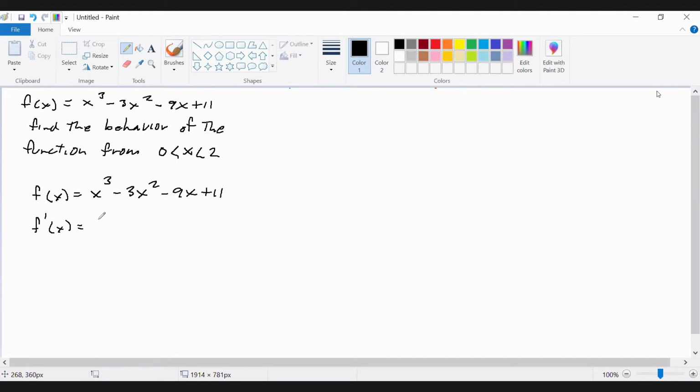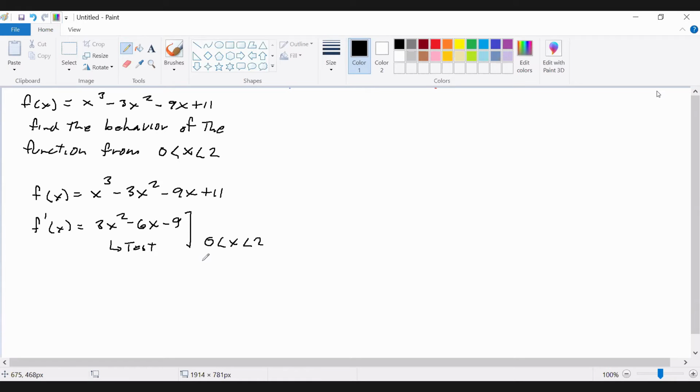You will now get 3x squared minus 6x minus 9. And then we need to test this at this interval, from 0 to 2.